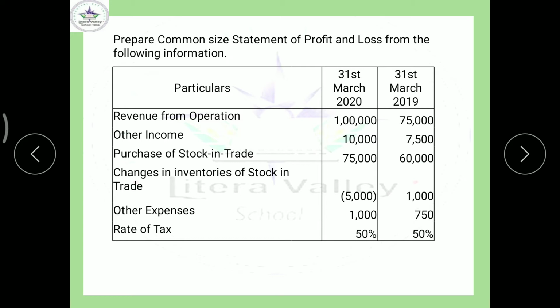Purchase of stock in trade 75,000 and 60,000. Changes in inventory of stock in trade 5,000 negative, 1,000. Other expenses 1,750. How can you prepare it? If you remember, you first have to rearrange it in the proper format of the income statement or statement of profit and loss, isn't it?